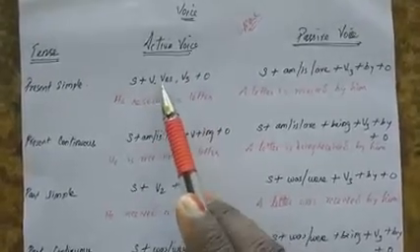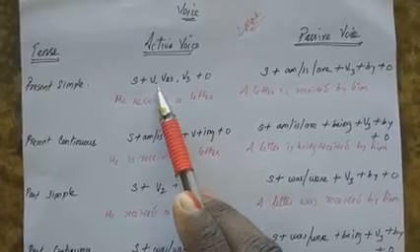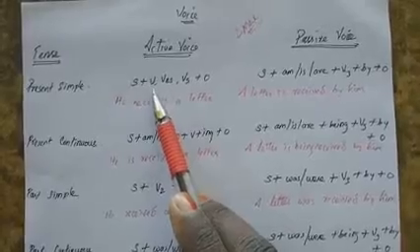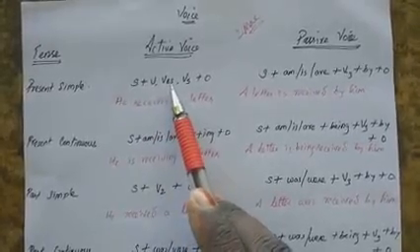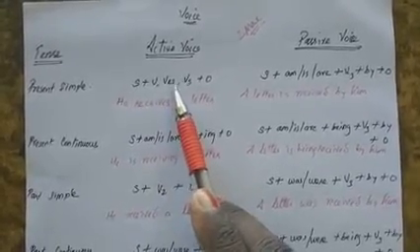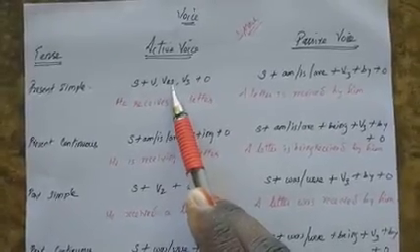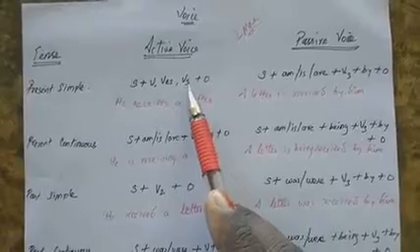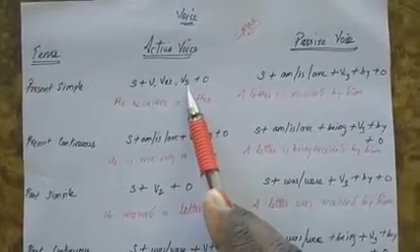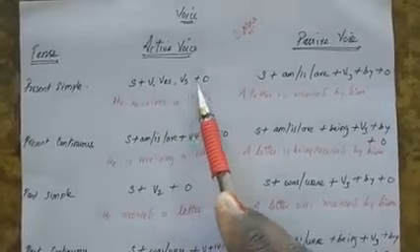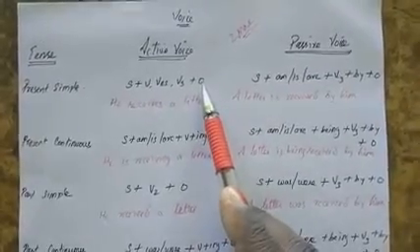One is verb alone, for example write or go. Otherwise verb plus s, for example goes. And the third one is verb plus es, for example receives. I have given you an example over here, right? Receives, verb plus es, and then object.